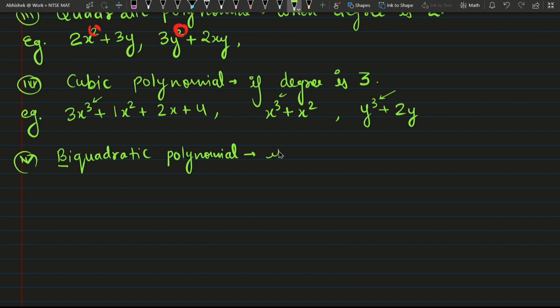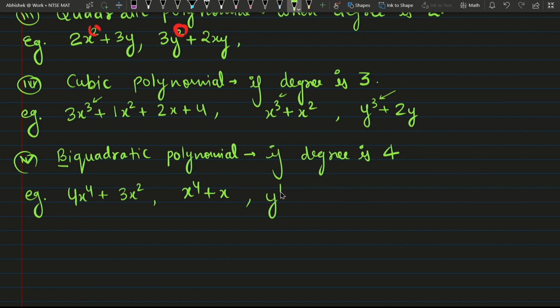It means if the degree is 4, examples of this biquadratic polynomial will be 4x to the power 4 plus 3x square, or x to the power 4 plus x, or y to the power 4 plus y. All these kinds of polynomials are biquadratic polynomials.